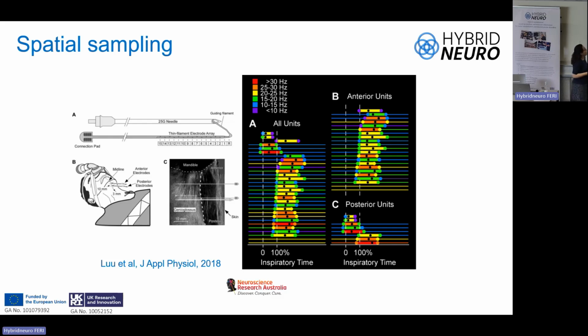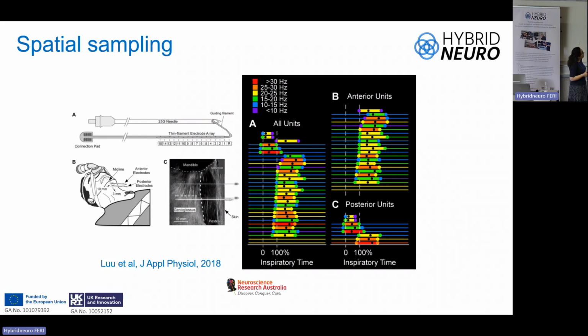So I'll try to explain this graph. This line represents a respiratory cycle, and we have inspiration first, before the dashed line, and then expiration. So we breathe in and out. Each line represents a different motor unit. Different colors represent different discharge rates.